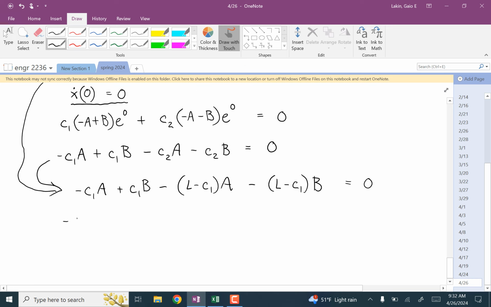So again, I'll multiply that out. Negative C1A plus C1B minus LA plus C1A minus LB plus C1B is equal to 0.